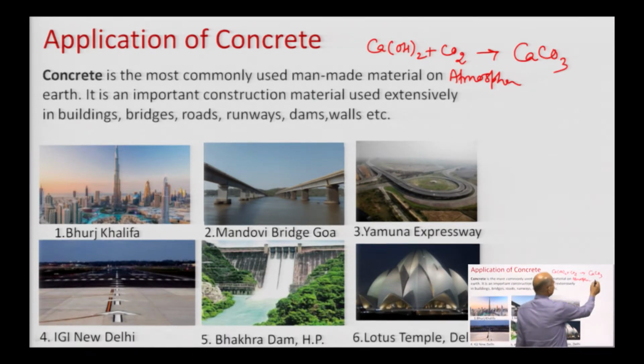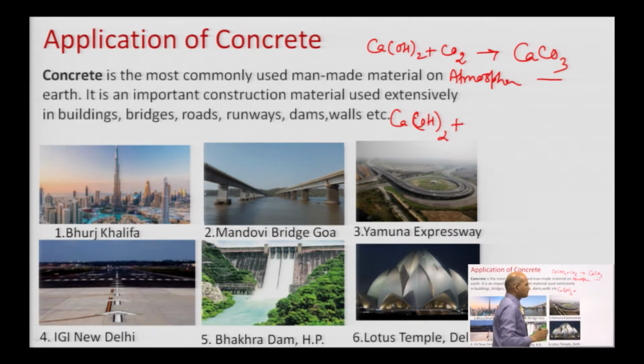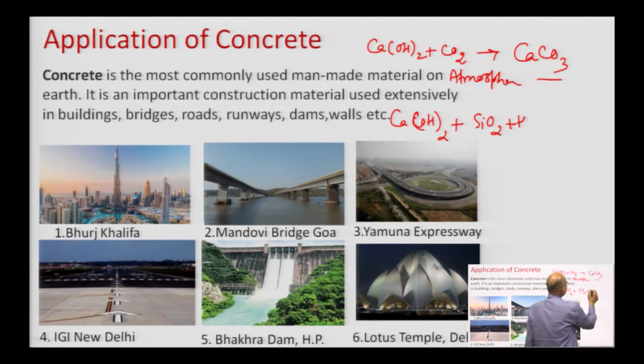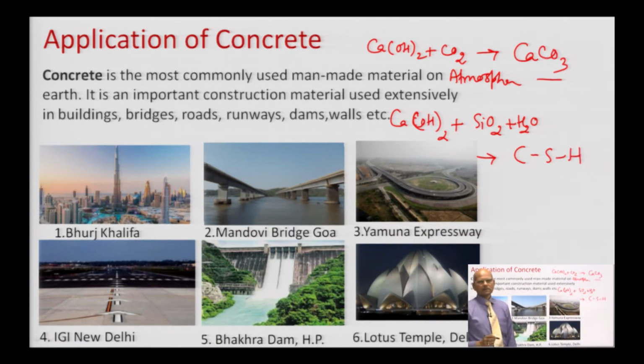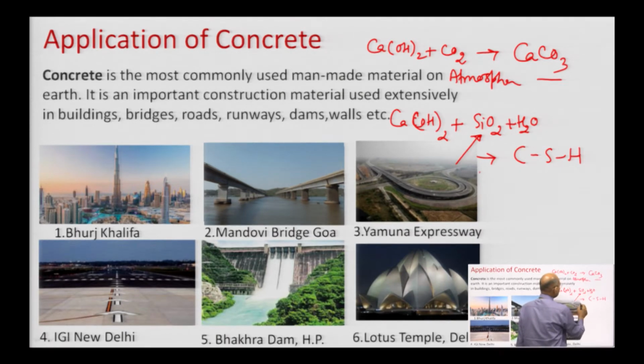If you take calcium hydroxide and add a pozzolanic material, SiO2, and put the water, then it is going to give you the cementitious material calcium silicate hydrate, that is called chuna surkhi, lime concrete. This SiO2 is nothing but pozzolana, and they have pozzolanic property.